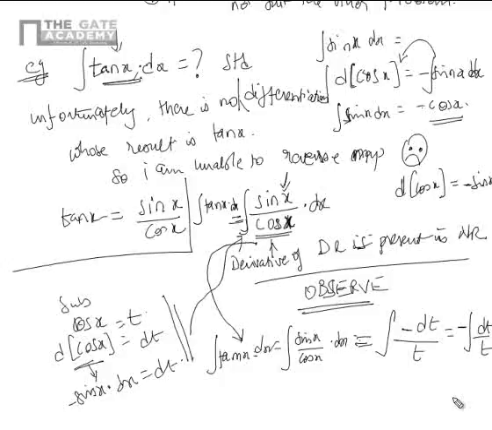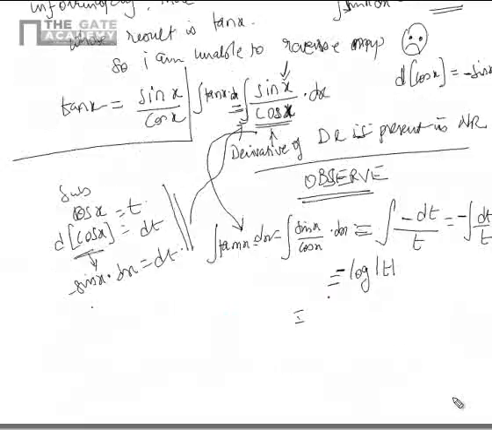And what is the integral of dt by t? It is nothing but log of t. There is a minus outside. And log of t will give me what? It is actually log of mod t. Well, let me write it clearly.